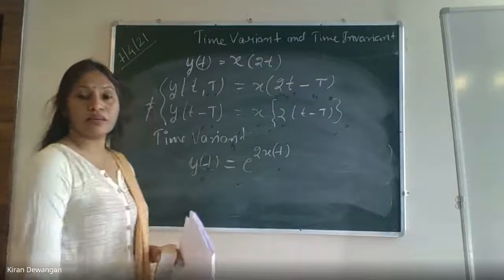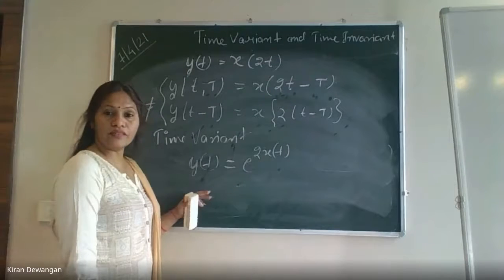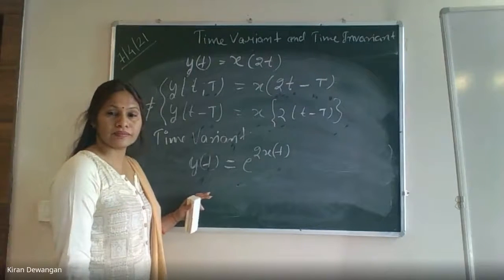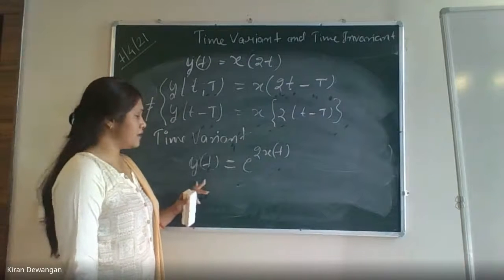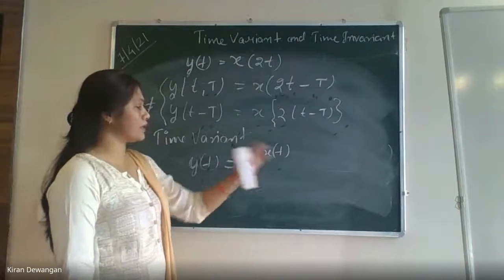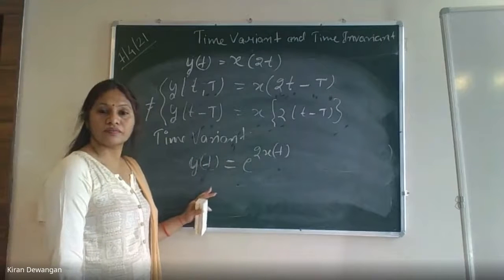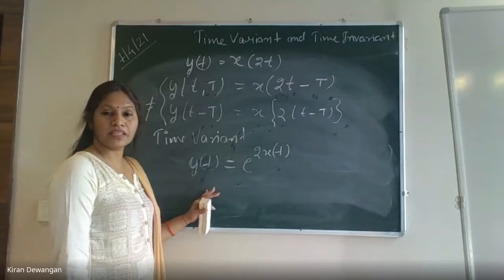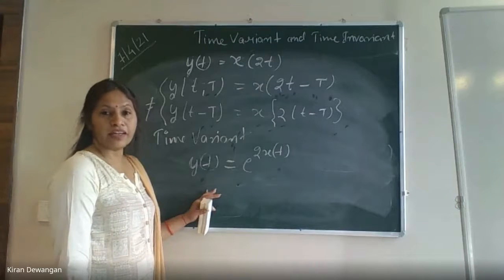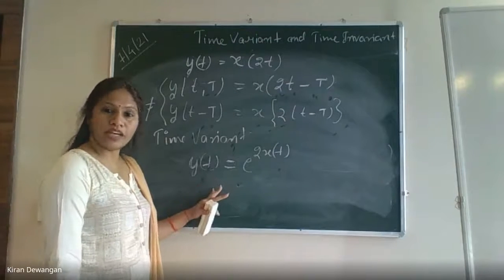Give me the answer. It's a time variant or invariant? Yes. Y of t is e to the power 2xt. ये तो सिंपल है. This one is simple. It's a time invariant system. Correct. It's a time invariant system.